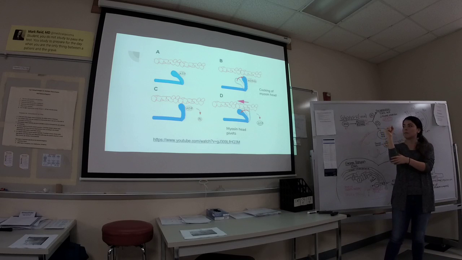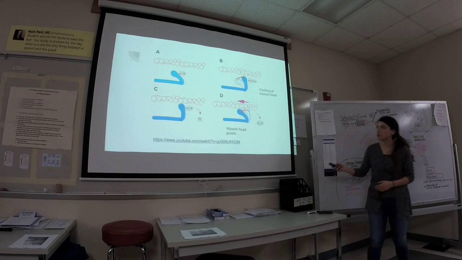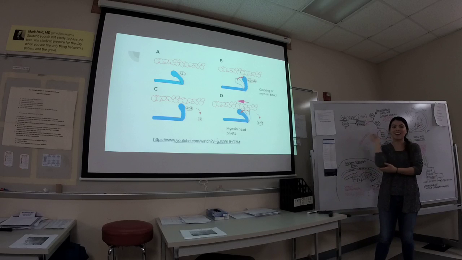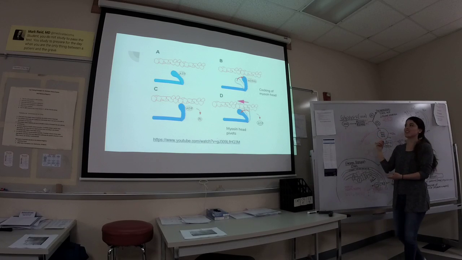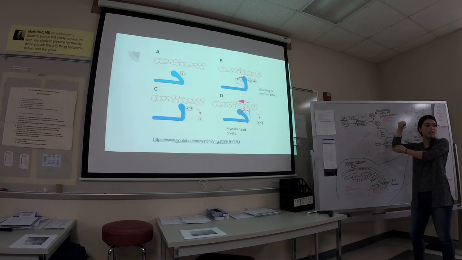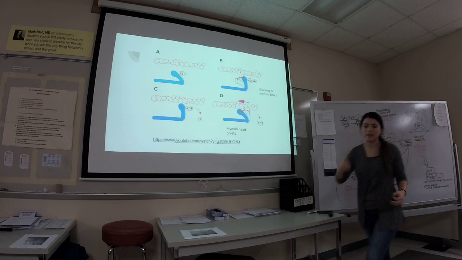And then when the ADP molecule leaves, it will cause the myosin head to pivot, and then the muscle will contract to the left. I have to use my hand to understand it, but it's like ATP, then it hydrolyzes, moves up, the phosphate leaves, attaches to actin, and then the ADP leaves and it moves. And so then the muscle's moving that way. Okay? So now I can play the video.